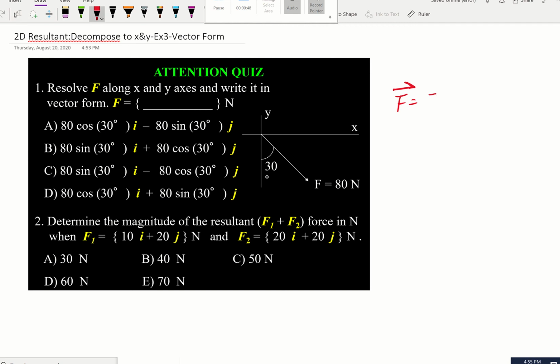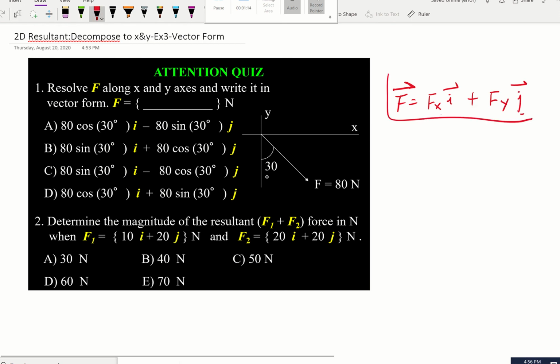So that's going to be equal to Fx, the x component, times the unit vector i. Since the unit vector has magnitude 1, this is just going to have a magnitude Fx in the x direction. Then this is a vector addition, so you have Fy and j is the unit vector for the y-axis. So that's how we decompose and write it in vector form.